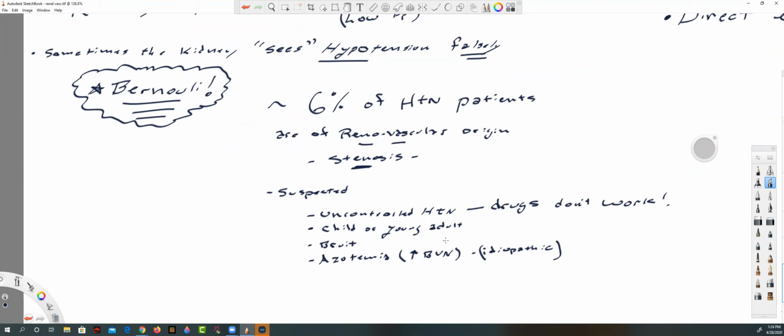When your urea and nitrogen levels are high and they really don't have a reason for it, in other words, idiopathic, that increase is called azotemia, and this could be an indication of renal vascular disease. It's like hypertension. We don't know why the blood urea nitrogen is up.